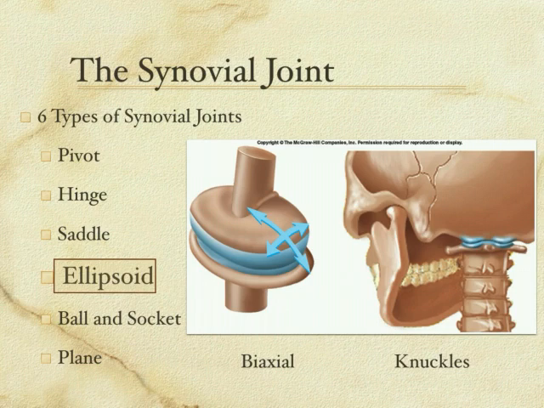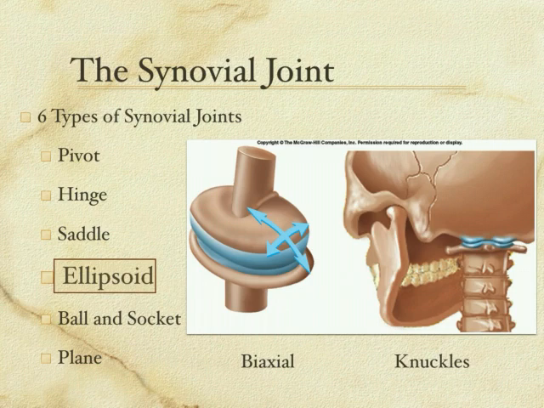It can flex or extend at your knuckles at the point where the fingers touch the hand. But they can also do something else. If you hold your hand up, you'll find that you can spread your fingers sideways. They can move side to side as well as forward and back. That side to side motion is the second part of that ability at the biaxial joint, at this ellipsoid joint.